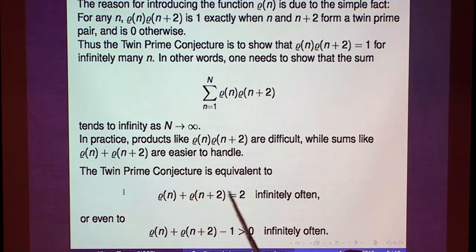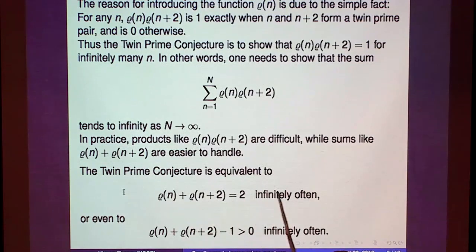That means, because each term is at most 1, if the sum is equal to 2, then this must be equal to 1 and that must also be equal to 1. That gives us a twin prime pair, right?